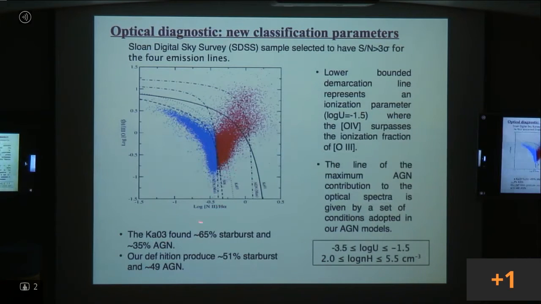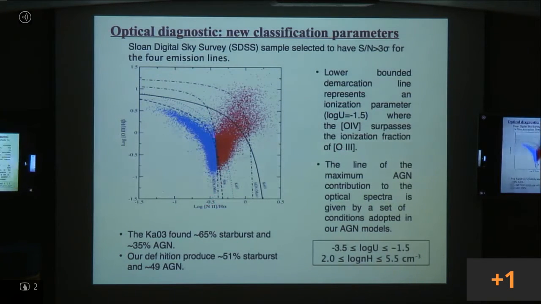Here is this one. This lower bounded demarcation line is produced with an ionization parameter of -1.5, where the oxygen 4 surpasses the ionization fraction of oxygen 3.